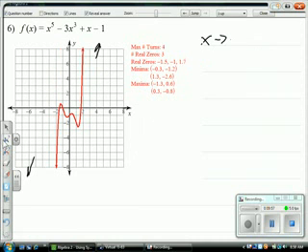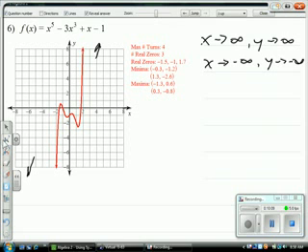How do we write that? As x goes to positive infinity, y goes to positive infinity. As x goes to negative infinity, y goes to negative infinity. And again, we know this because the degree is odd. It's an odd number, and the lead coefficient is positive.